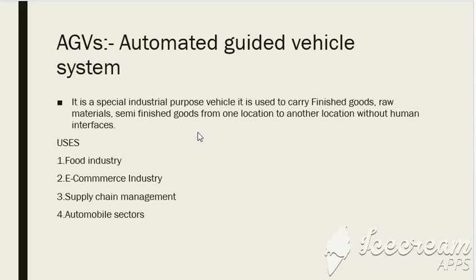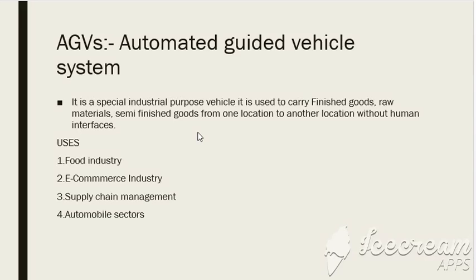Let's know about the AGV. AGV is an automated guided vehicle system. It is a special industrial purpose vehicle. It is used to carry finished goods, raw materials, semi-finished goods from one location to another location without human interface.